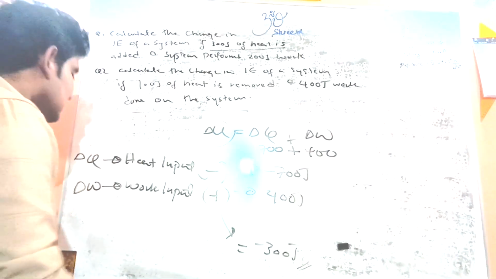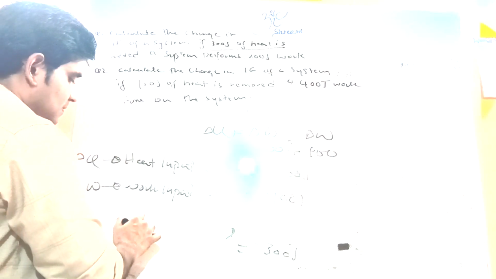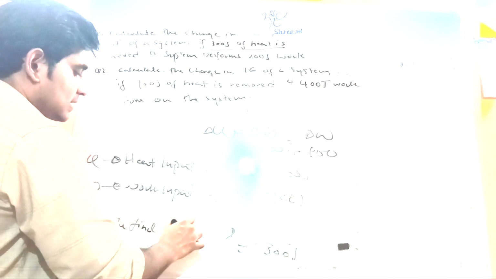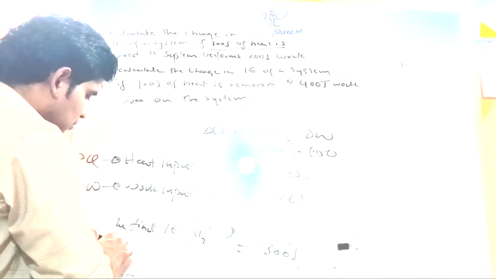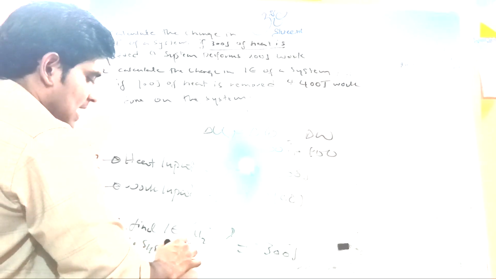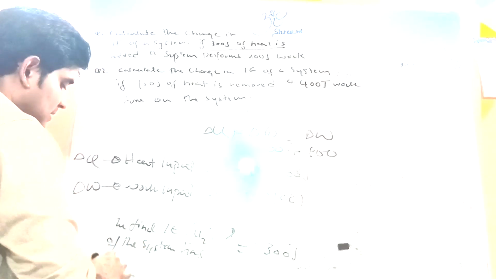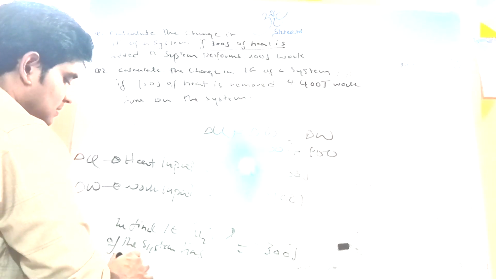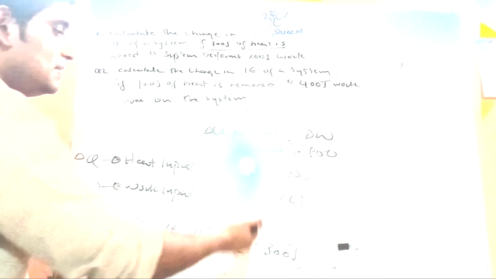So we can say the final internal energy U2 of the system has reduced, right? That is why we are getting a negative difference. What is delta U here? What is the change?